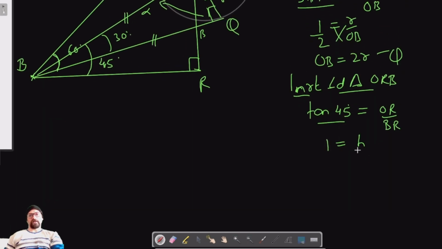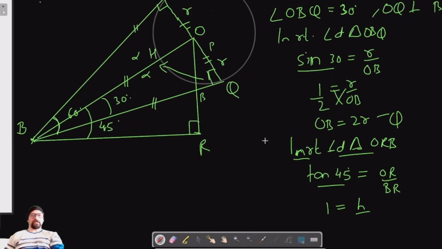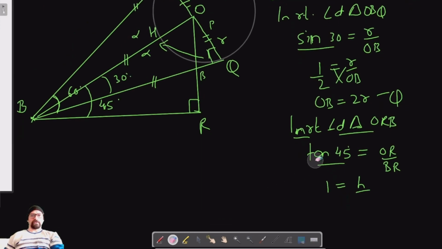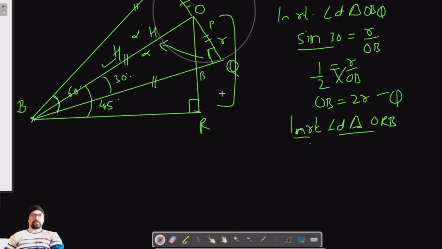Now OR is the height, and we are not going to use tan 45 here. Let's see if we can get OB involved. So this is 90 degree, this is hypotenuse H. For 45 degree, this is perpendicular by hypotenuse.